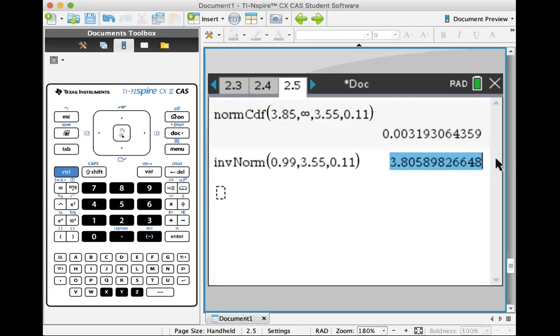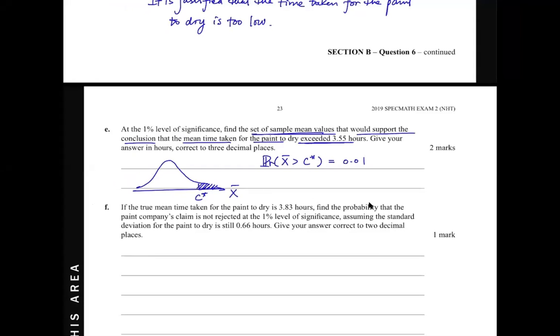So let's get back to the paper. C star is approximately 3.80589, and so on.